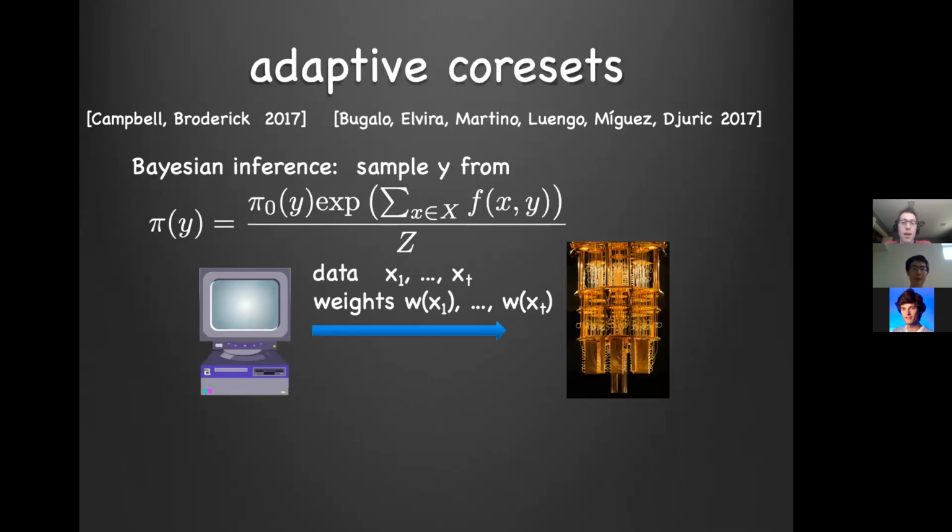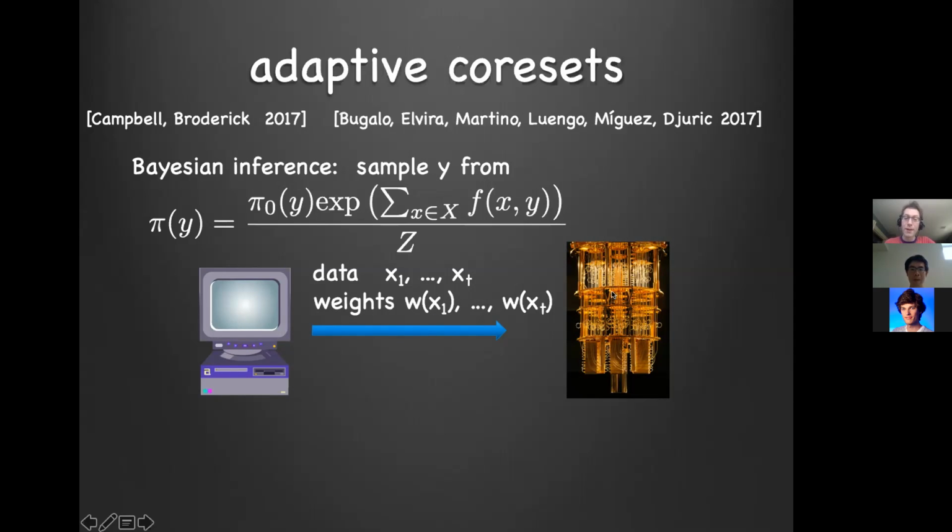So here's how an adaptive algorithm is going to work. In step T of the algorithm, you have a core set that you're building up record by record. It consists of data points x1 through xt with corresponding weights, w of x1 through w of xt.